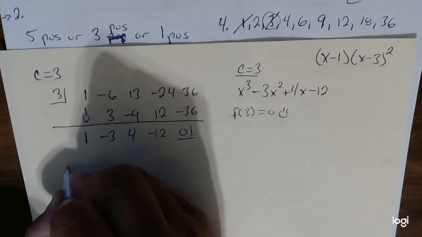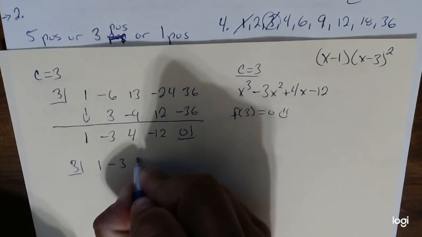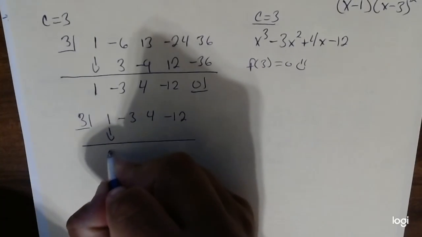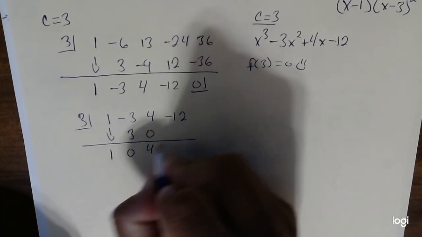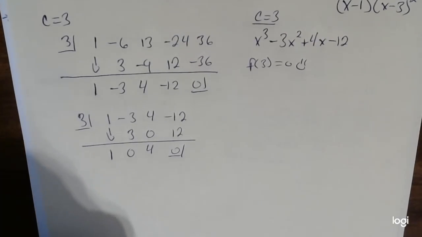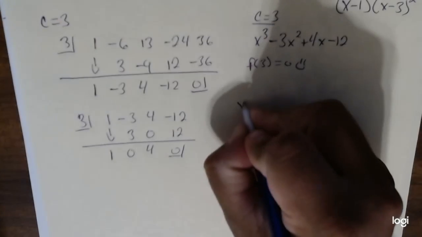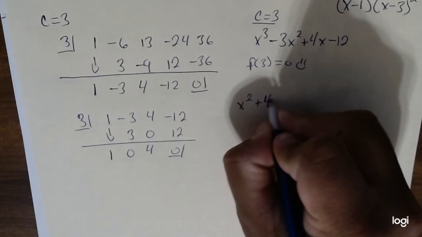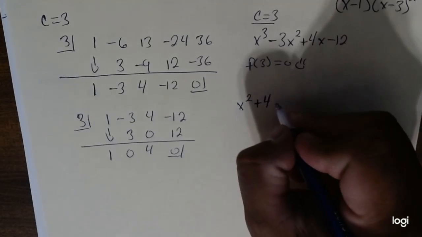So if we do 3 again into this portion, we have this now. We started with a cubic, so this is now x squared plus 0x plus 4. Perfect, a quadratic. We know how to factor that. Now, the problem is this actually never equals 0.